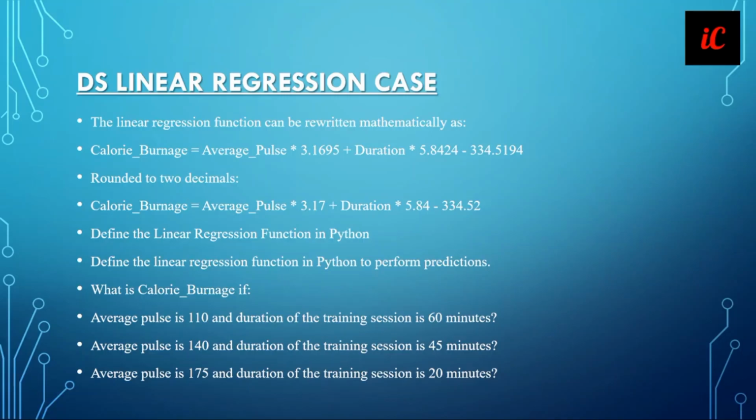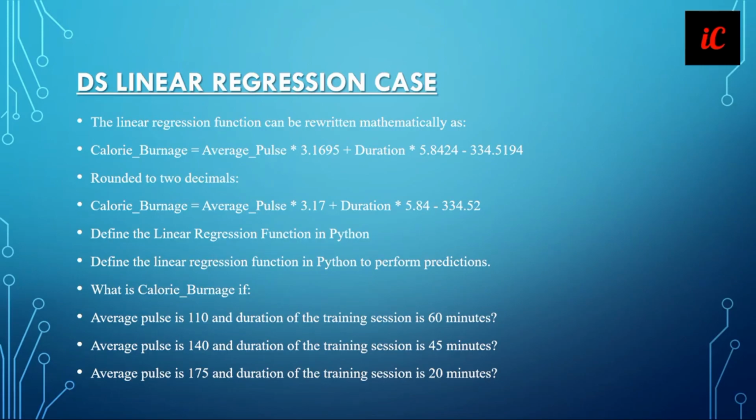Another thing is to round to 2 decimals, so it will be written in 2 decimals only and the rest will not be written. As you can see at the last, 334.1594 was mentioned. Now we can write it as 334.52. The round-off method will be mentioned over there.